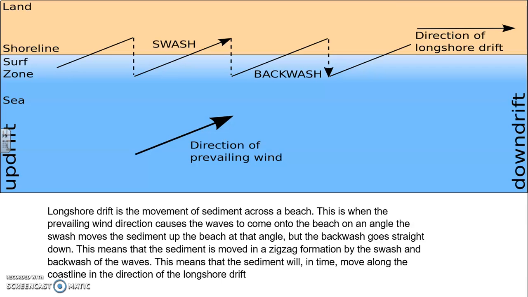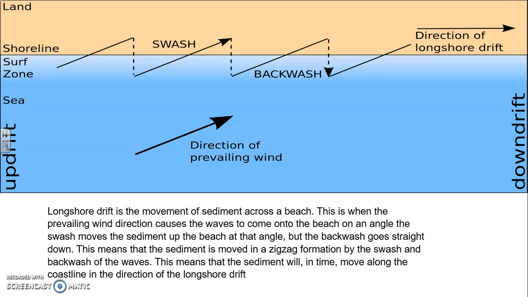The backwash, the water returning back to the sea, comes straight back down. So because of that, you get that zigzag movement up the beach. So sand and sediment starts at one end, and because of the swash and the backwash, it moves from one end of the beach to the other in the direction that the waves are going.